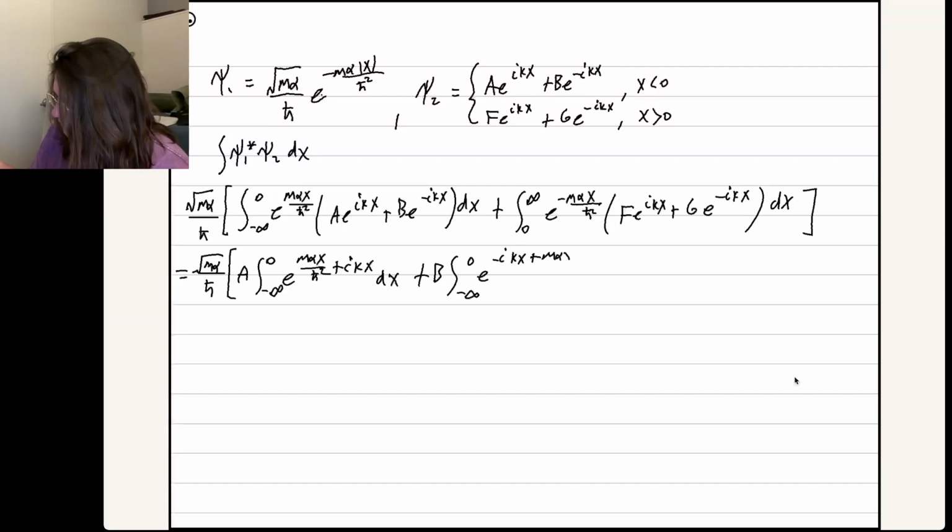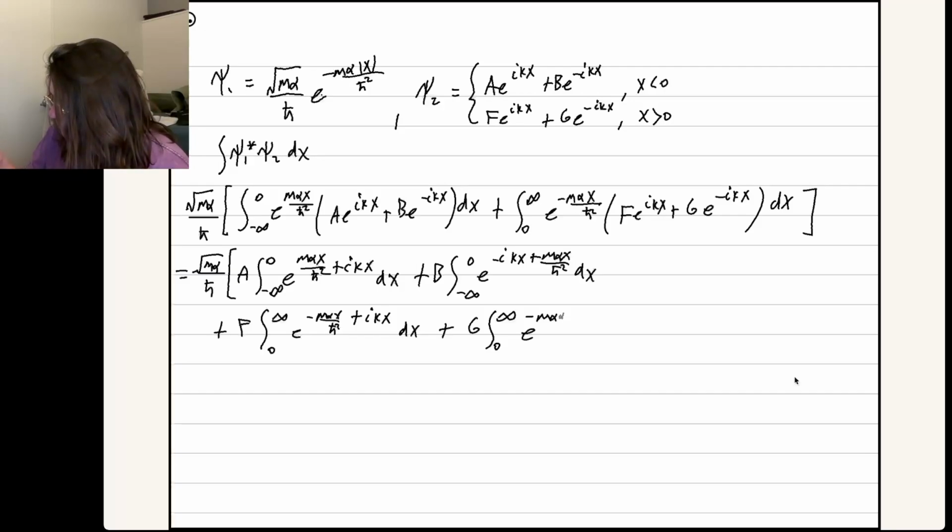Plus f, 0 to infinity, e to the minus m alpha x over h bar squared plus ikx dx, plus g, 0 to infinity, e to the minus m alpha x over h bar squared minus ikx dx. Okay.